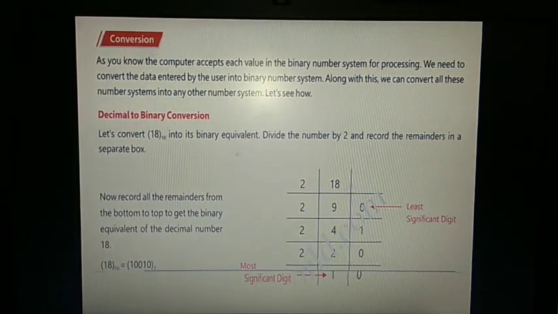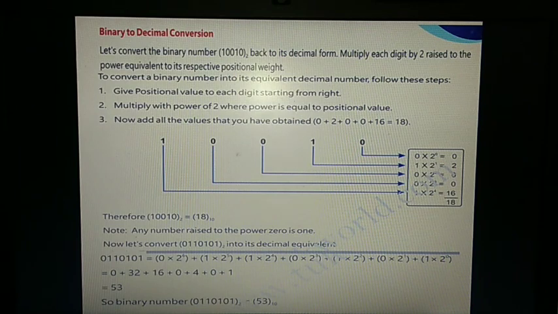But in case of conversion of binary to decimal, you are not dividing, instead you are multiplying with the power of numbers. Let us check.